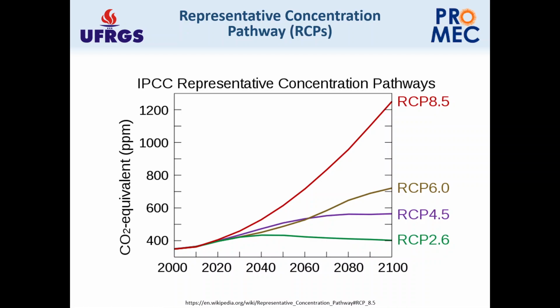Sorry, not CO2 emissions, it's CO2 concentration in the atmosphere. In order to reduce CO2 concentration, there are some options. Maybe the ocean is going to eventually absorb all the excess CO2 in the atmosphere. Maybe you have to do carbon capture storage. So you have to, for example, burn wood, which absorbs CO2 from the atmosphere, and then you inject it in a well, and then you remove it from the atmosphere.